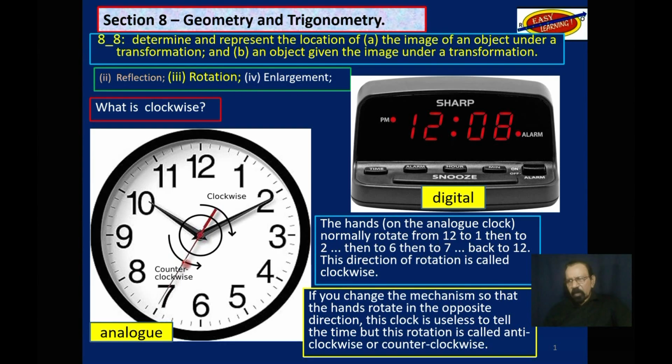So notice this arrow here. This direction is anti-clockwise or counterclockwise, meaning opposite to clockwise. You need to make sure you get those two terms straight, because every single example we will be doing would be based on either a clockwise or a counterclockwise rotation.